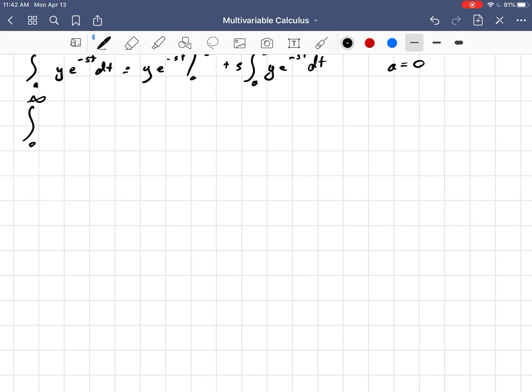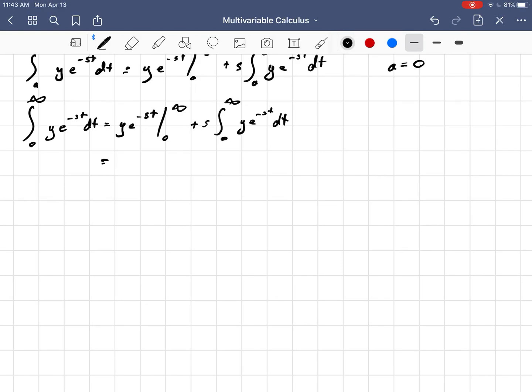Then we get the integral from 0 to infinity of y e to the negative st dt is y e to the negative st evaluated from 0 to infinity plus s times the integral from 0 to infinity of y e to the negative st dt.